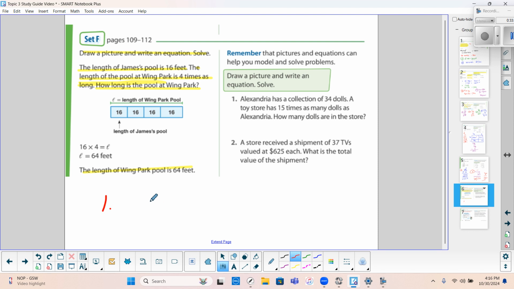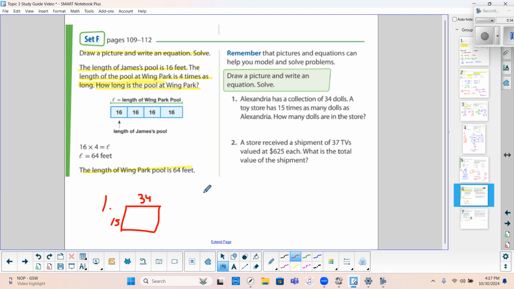Well, I'm going to look at it as 34 dolls this way, and 15 this way. All right, 34 by 15. Well, this one, I don't want to draw 34 15 times, and I don't want to draw 15 34 times.